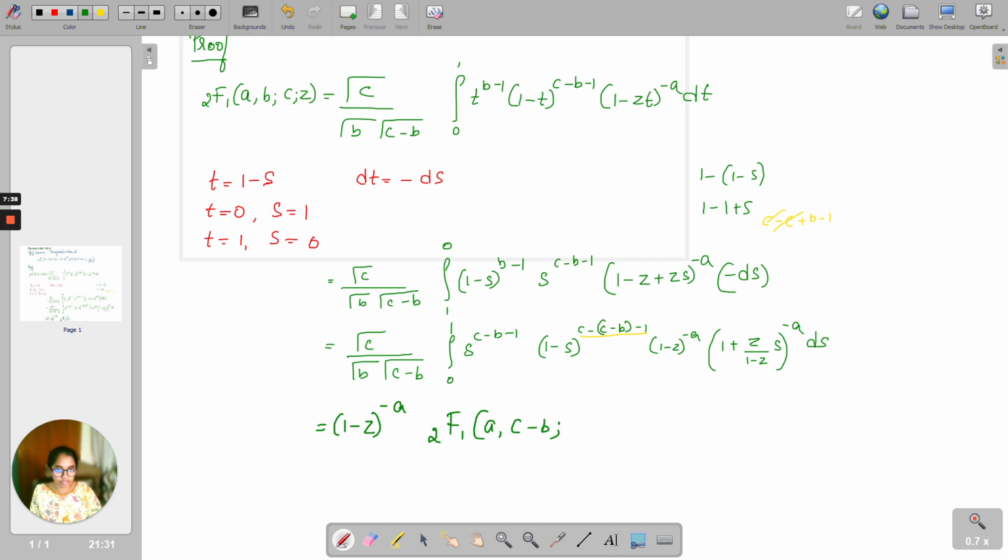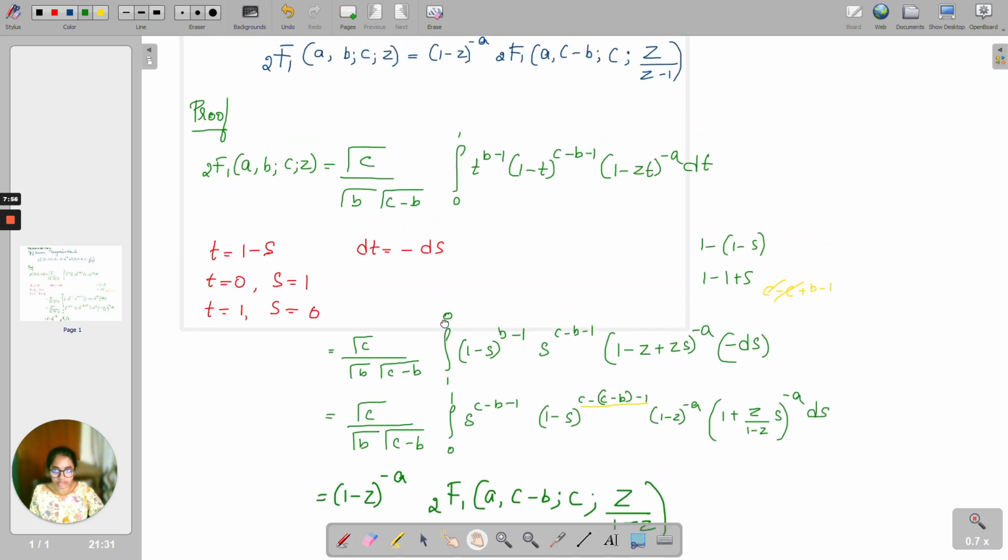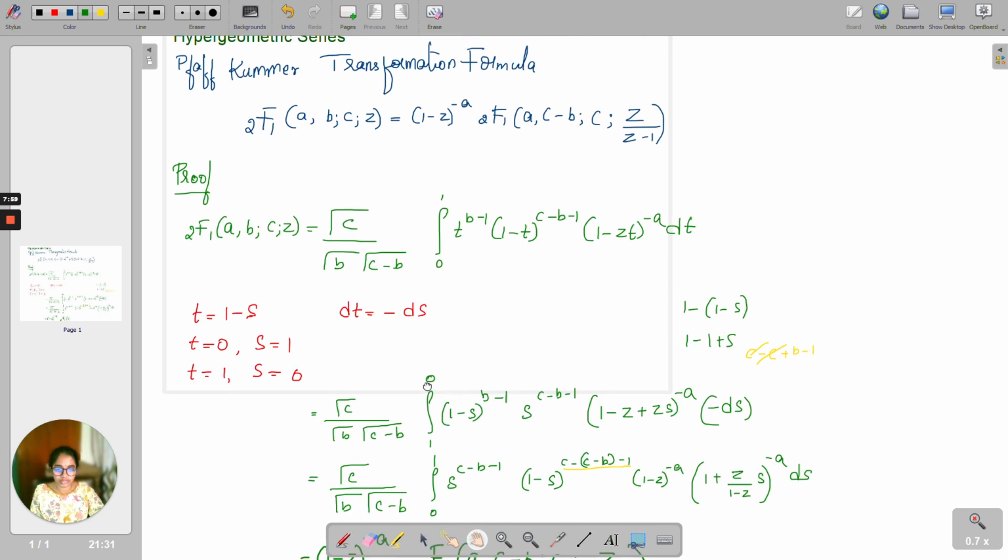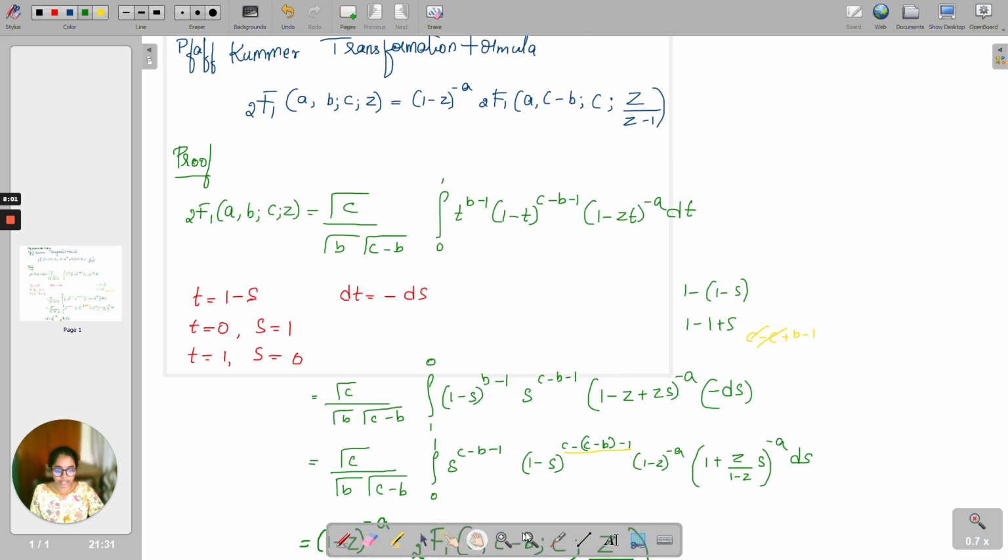In the place of c, I have c itself, so let me write c over here. And in the place of z, I have z divided by 1 minus z. This is what I had to prove, right? So this is the Pfaff Kummer Transformation Formula.